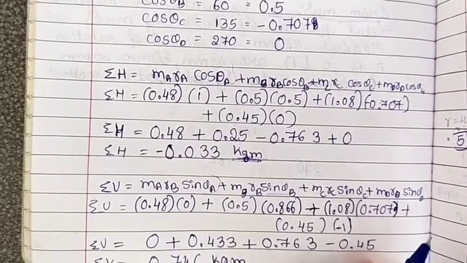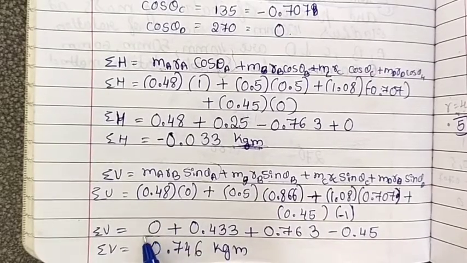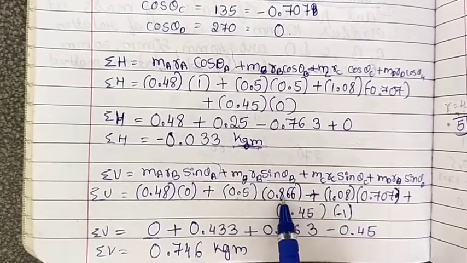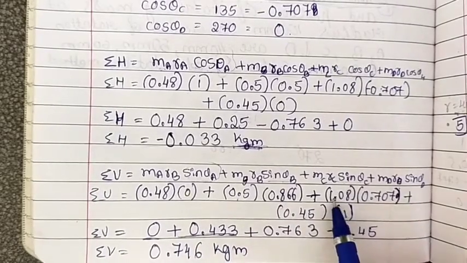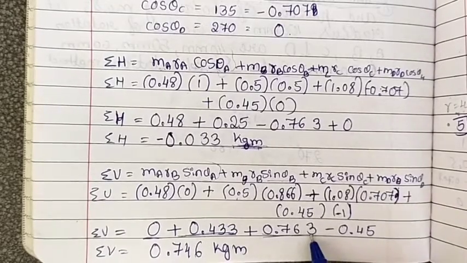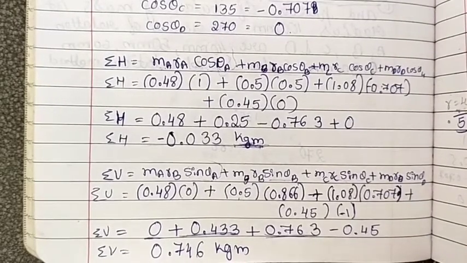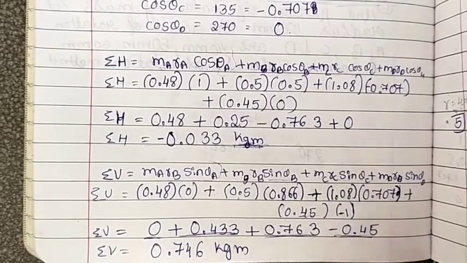When you multiply, 0.48 into 0, you will get 0; 0.5 into 0.86, 0.433; 1.08 into 0.707, you will get 0.763; 0.45 into minus 1 is minus 0.45.